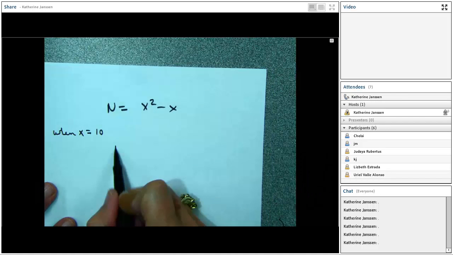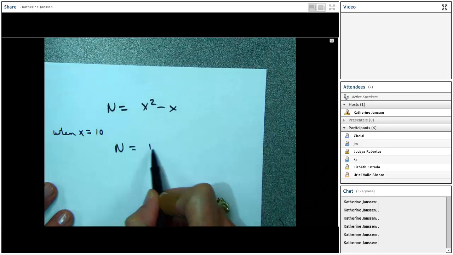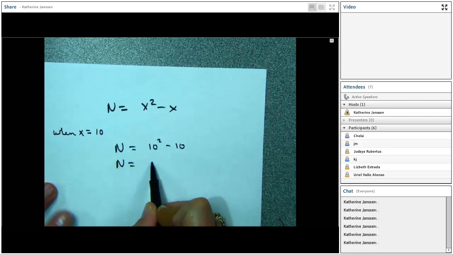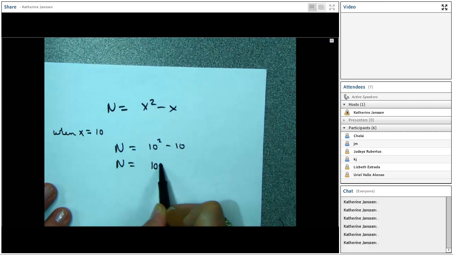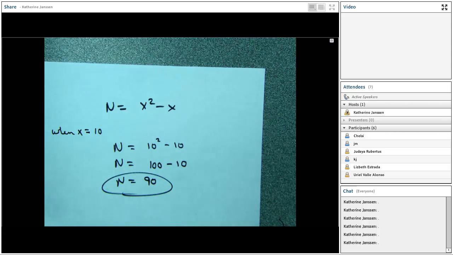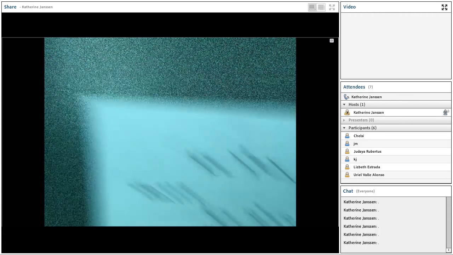So with careful substitution, you get the answer. Your number is equal to 100 minus 10, which is 90. That's an easy one. So that one I can throw away.